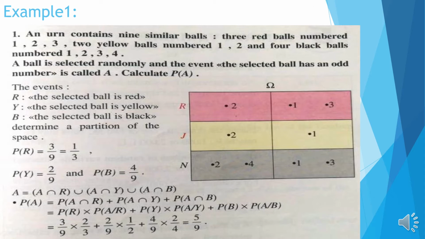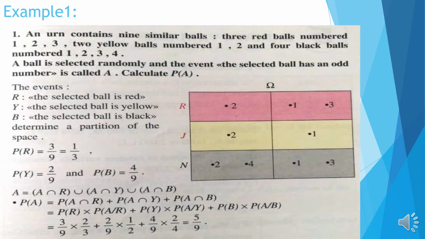Okay. Any event A. What is A now? A ball is selected randomly, and the number of the selected ball should be odd. The odd may come from 1, 3 and red.